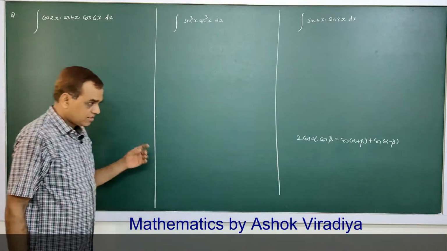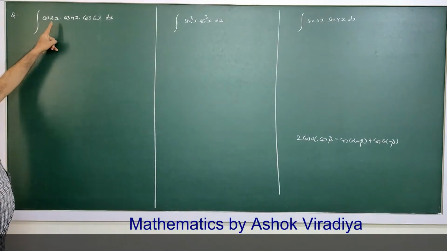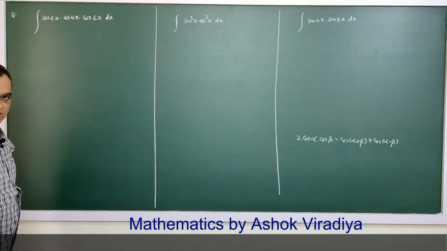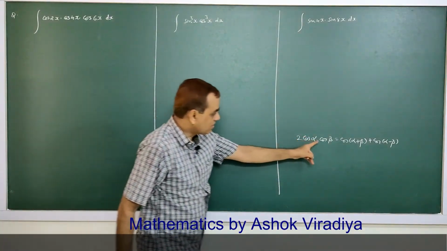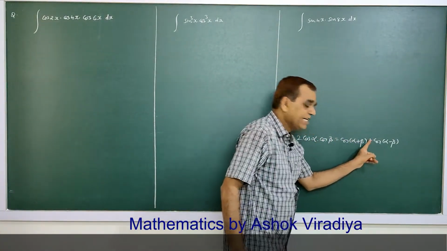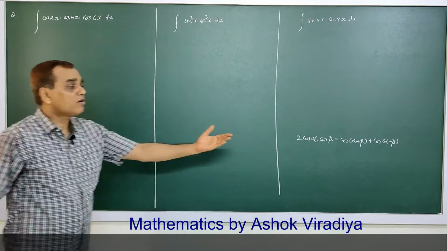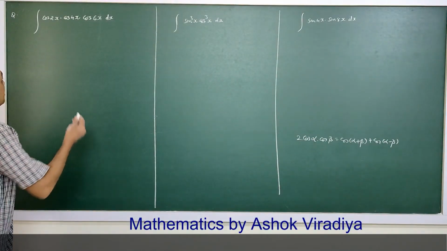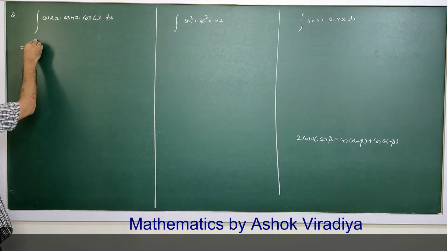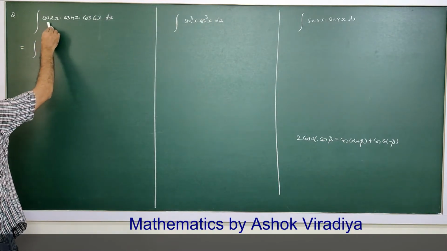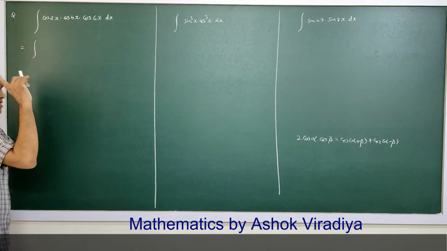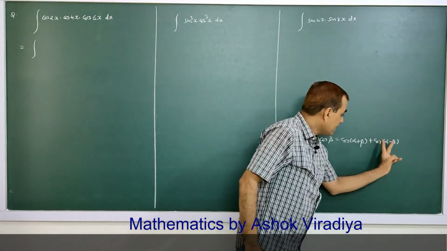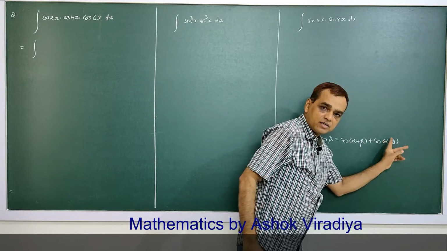So here cos into cos is given. We are going to apply that result. It breaks the product. The product will be converted into a sum or difference. Terms will be separated. So here, whenever we apply this result, look here, we take alpha minus beta.